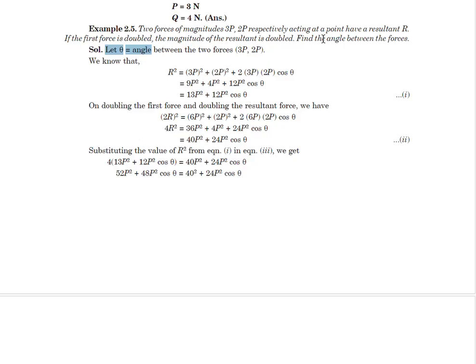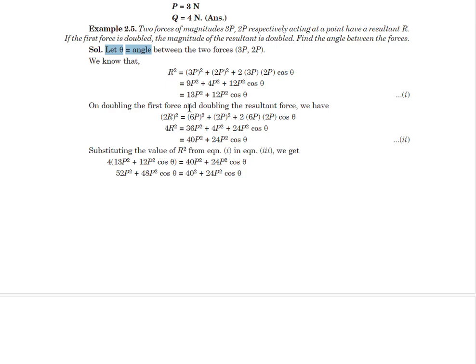Now in the second case, the statement says that on doubling the first force we get a resultant which is double.